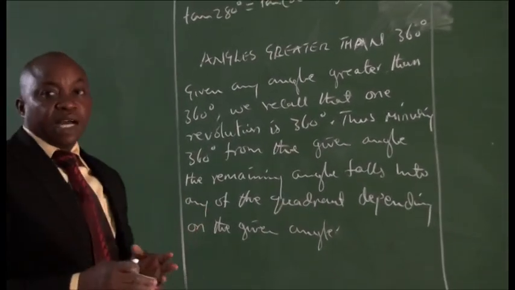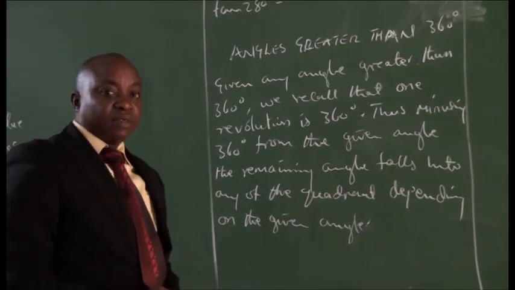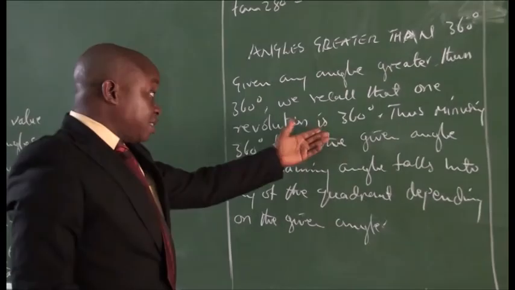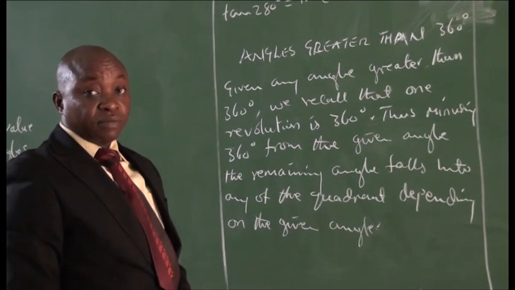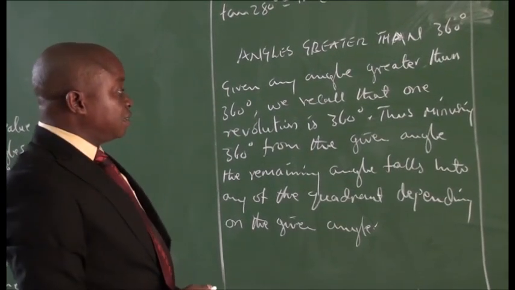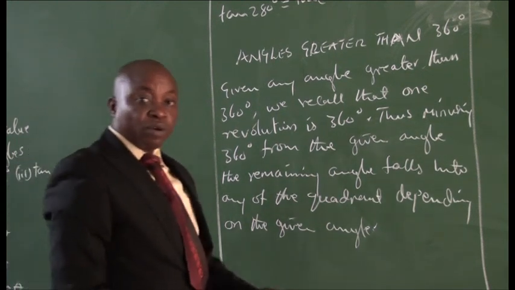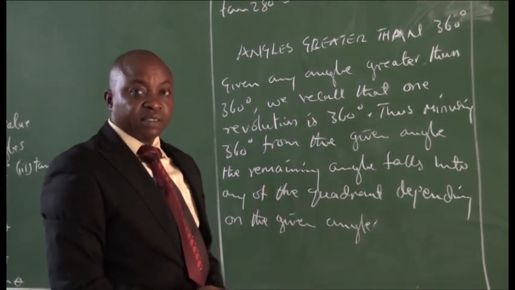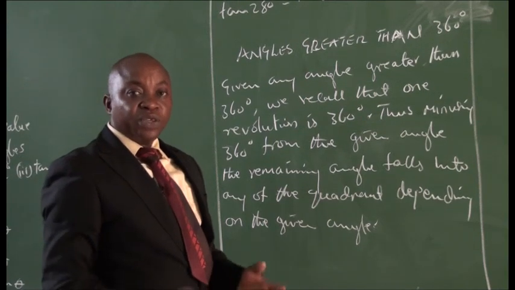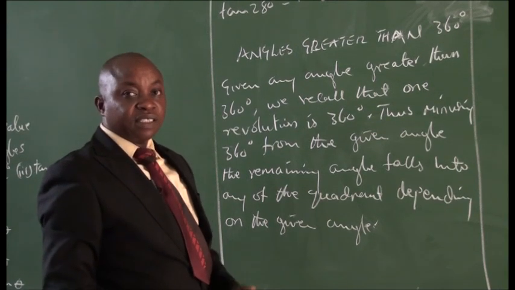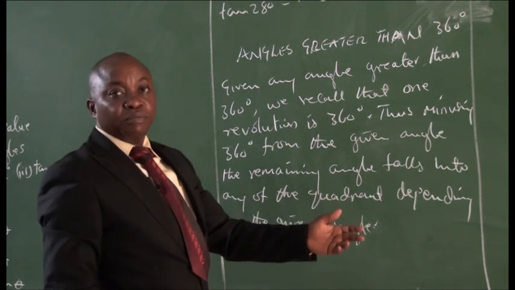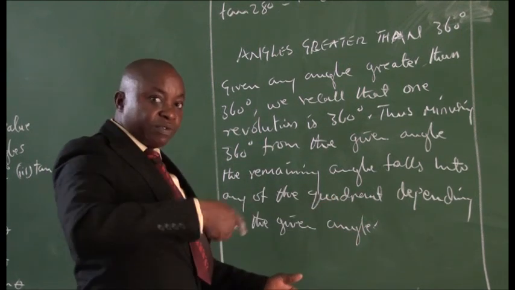If we are given an angle that is greater than 360 degrees, for instance, 480 degrees, I know that 480 degrees is more than 360 degrees, which is one revolution.